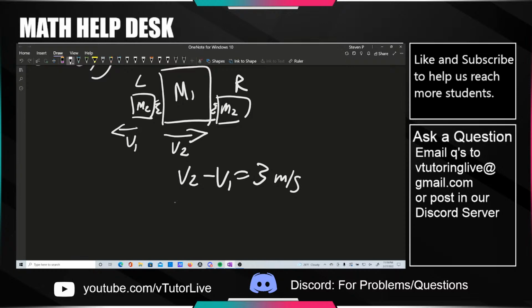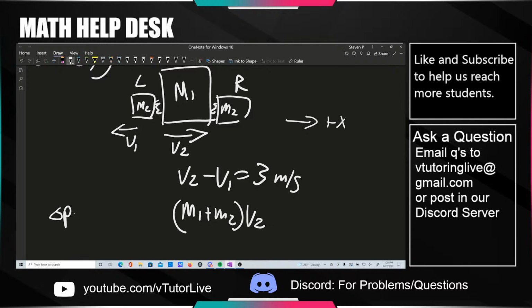And what we can say is that from the reference frame of the observer stationary on the ground, this looks to me like, how do we want to write this? So if this is the positive x direction, this is basically just saying M1 plus M2 times V2 is equal to, or I guess let's write it this way.